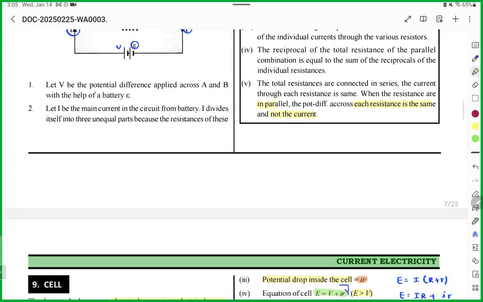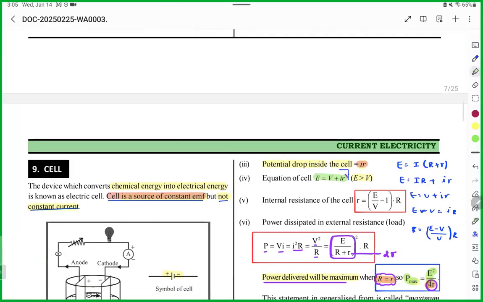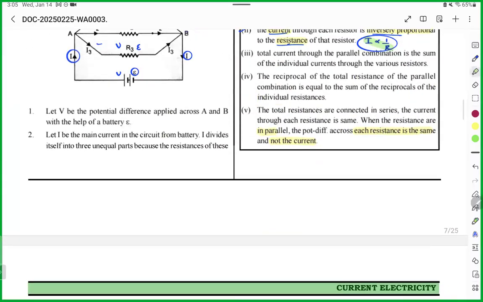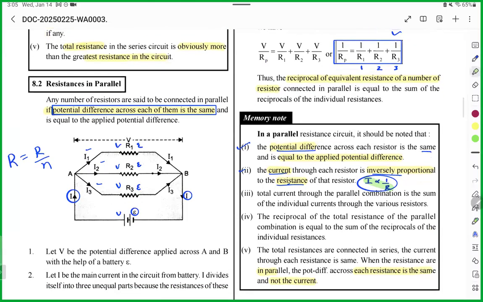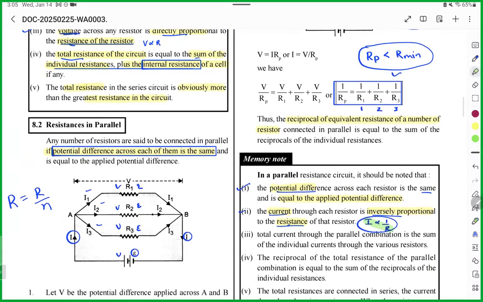Okay. Any doubt, guys? This point is not given, resistance value, but I told you here. You can write this point. I will check this point also. I will check only the most important point. Final resistance value will be less than the minimum value.